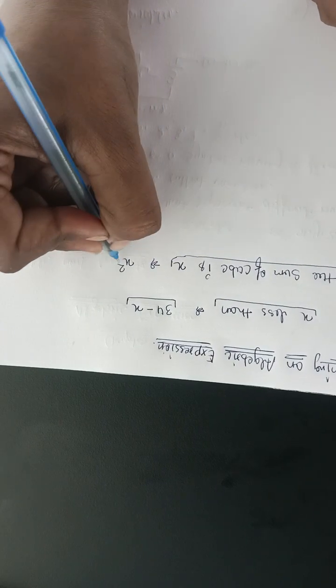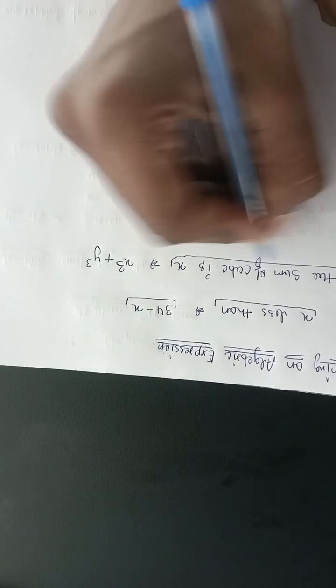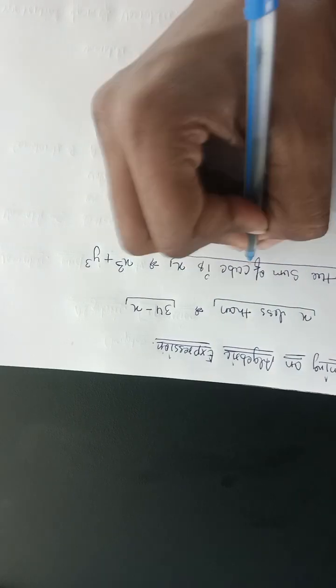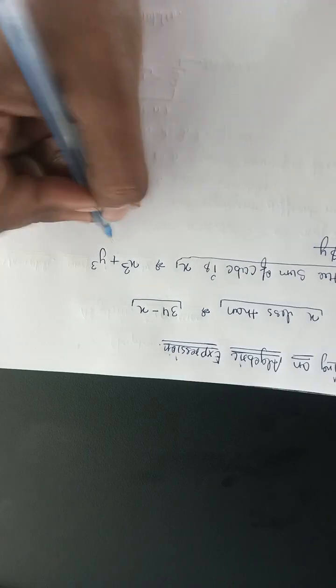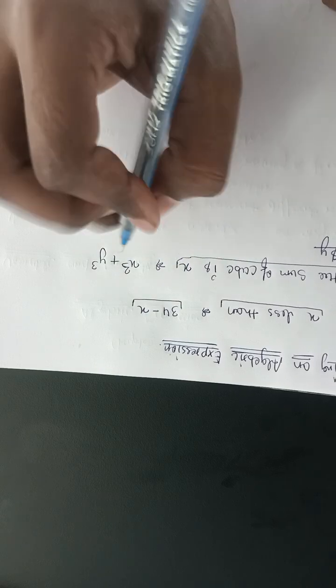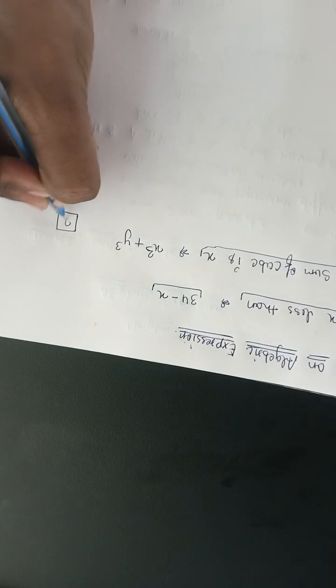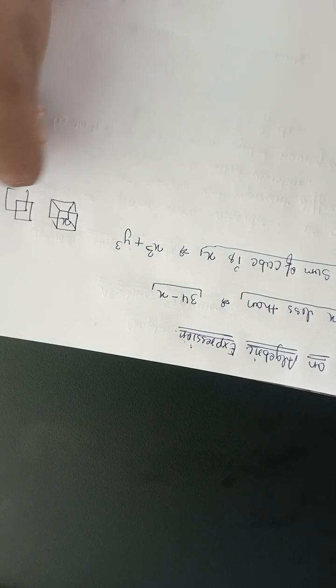This will be x cube plus y cube, because it is saying the sum of the cubes of x and y. It is told the sum of cubes, so there are two cubes: one cube is x, and one cube is y. So it is telling the sum of this cube and this cube. It is telling the sum of the cubes of x and y.